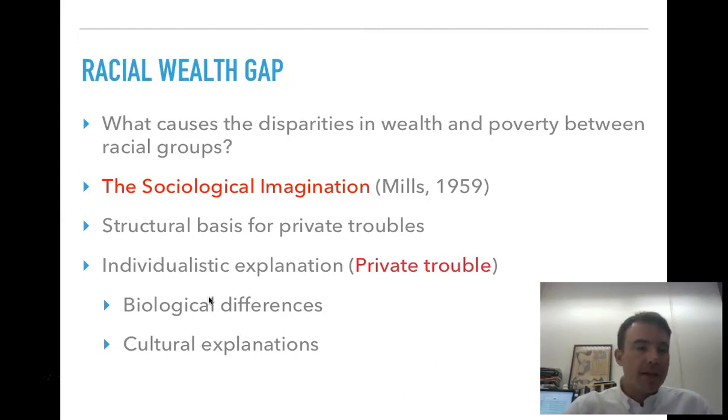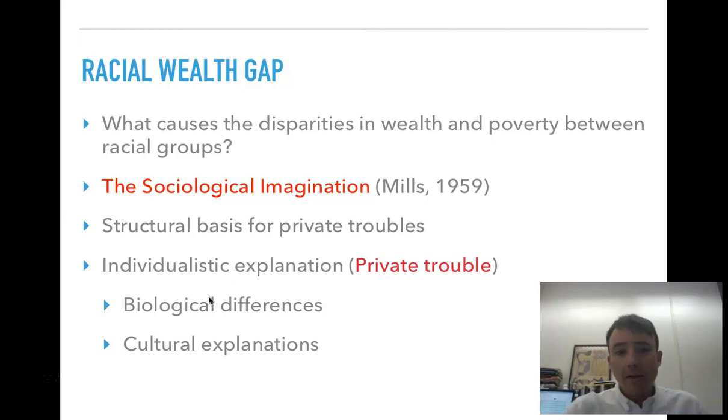Now, I think that there's a tremendous amount of research that has debunked these explanations, and the most current genetic research is showing us that there really is no genetic difference between people based on the color of their skin, or the genetic differences are so minor that it would be impossible for them to account for disparities in social conditions. But nevertheless, these explanations exist, and they primarily fall in the individualistic camp.